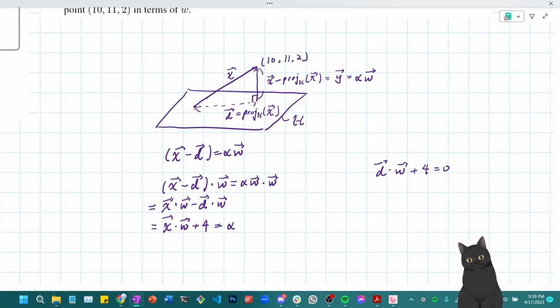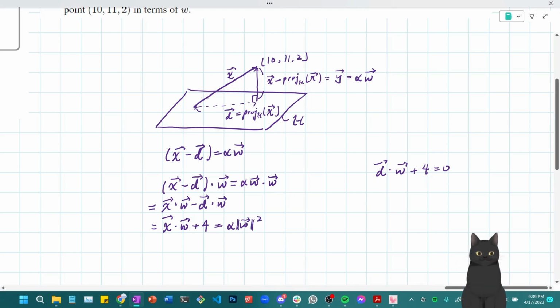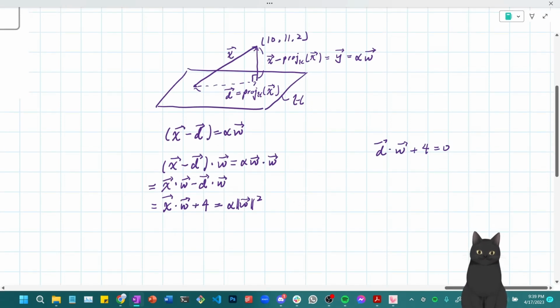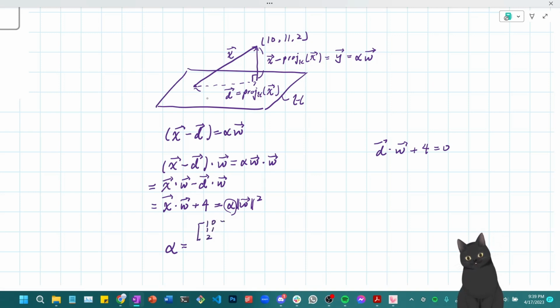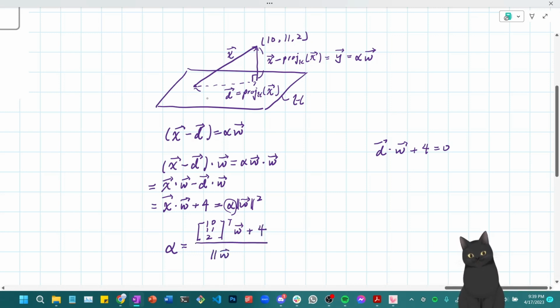Meanwhile, the right-hand side is equal to alpha times the length of w squared. So in the end, we can see a definition of alpha appearing as alpha is equal to (10, 11, 2) transpose w plus 4 over the square of the length of w.